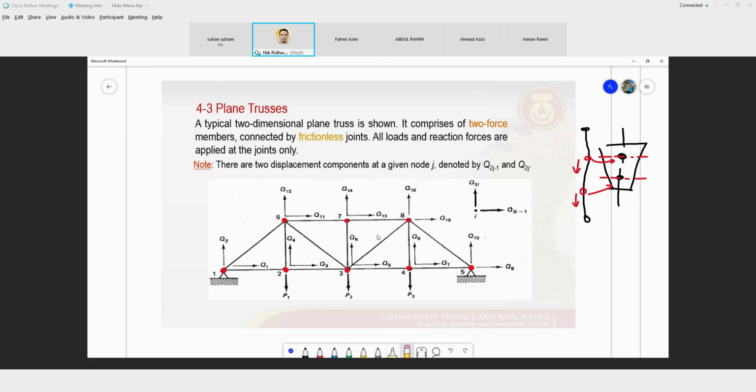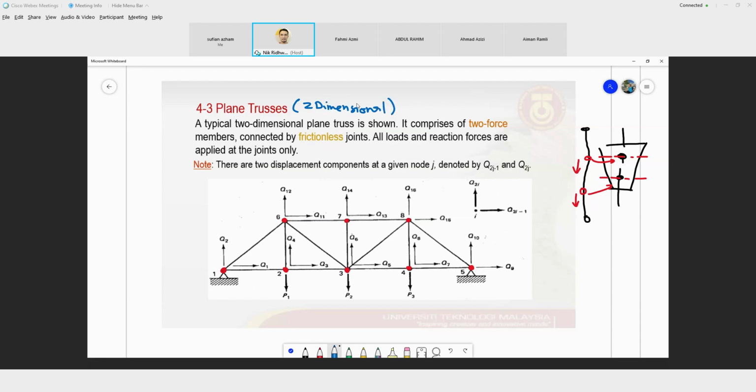Tapi untuk this kind of plane trusses, our problem now has expanded to a two-dimensional problem.